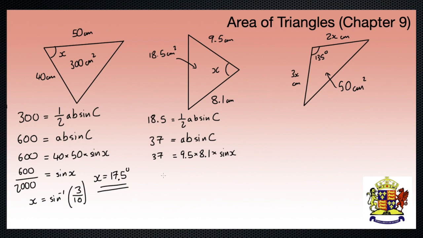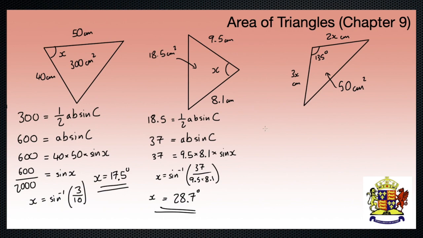So to find x, we do sine to the minus 1 of 37 divided by 9.5 times 8.1. This gives me an answer of x equals 28.7 degrees.